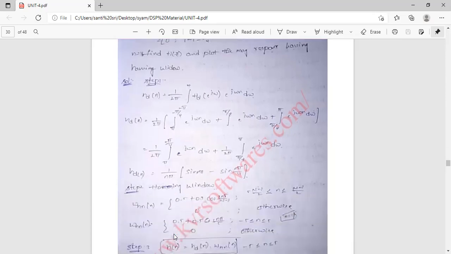So HD of n equal to 1 by n pi into (sin n pi minus sin n pi by 4).